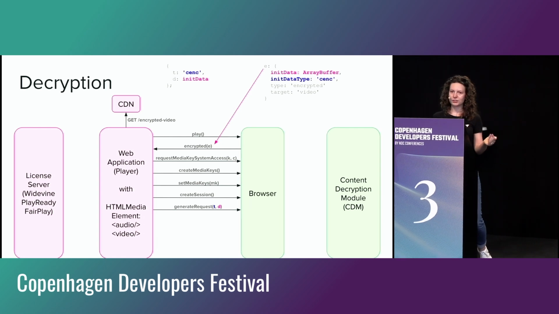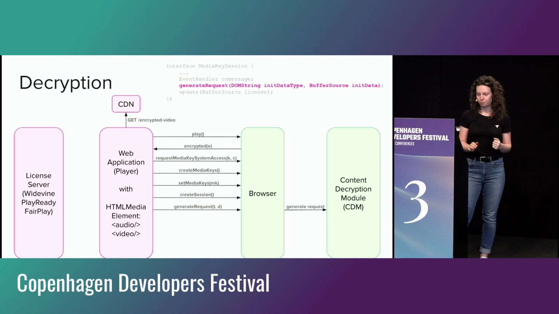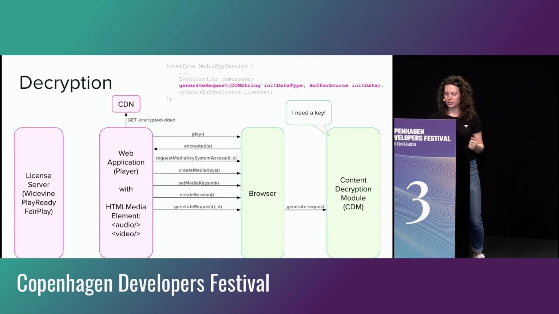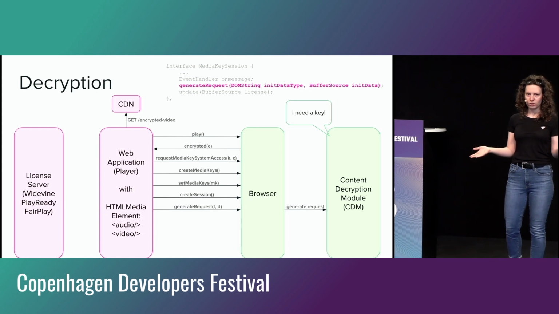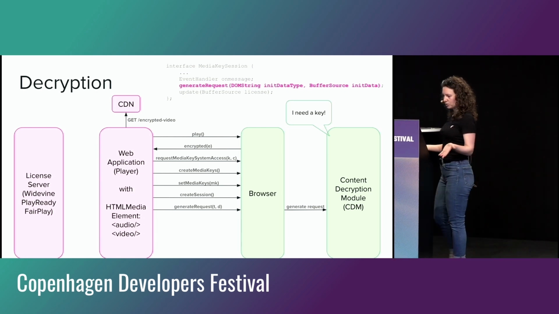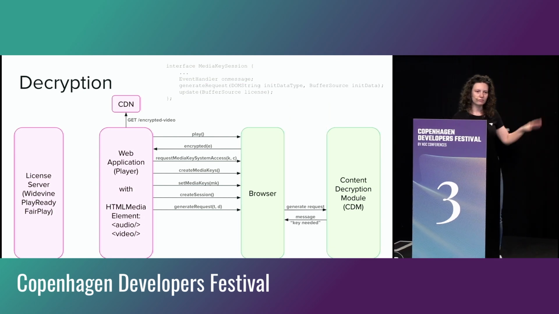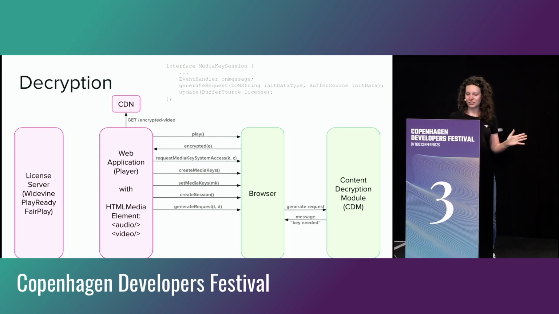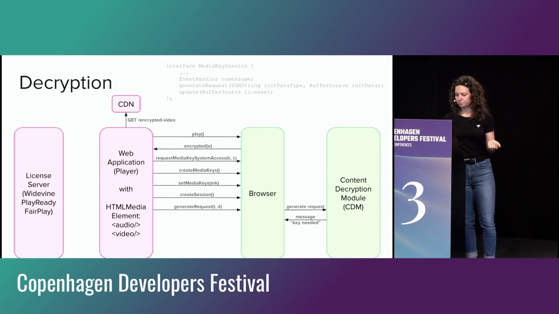What happens later, this request is provided to the content decryption module. The content decryption module at this point realizes, okay, I got a request to decrypt the content. For that, I need a key, right? So it emits a message event, which loosely translated means that the key is needed.